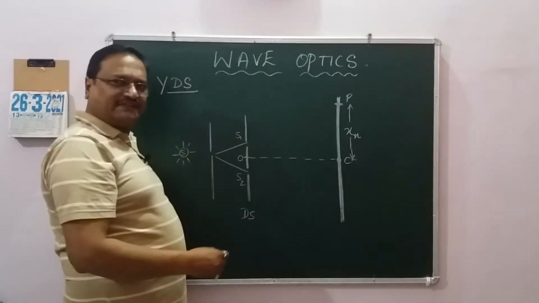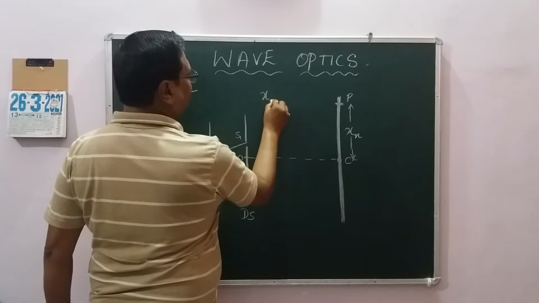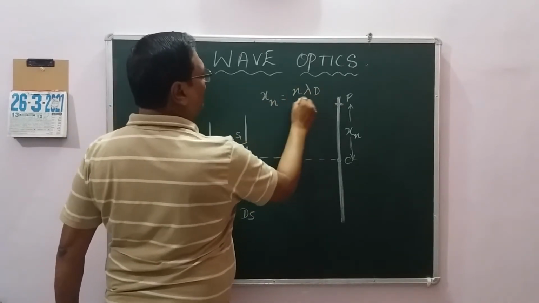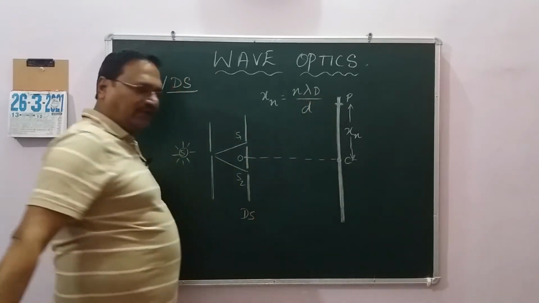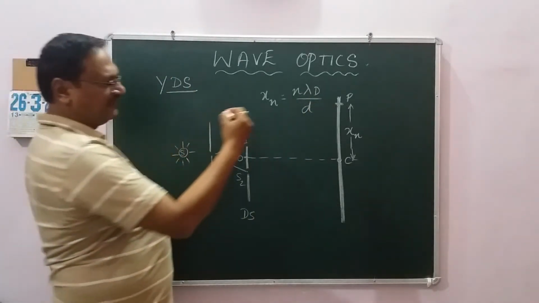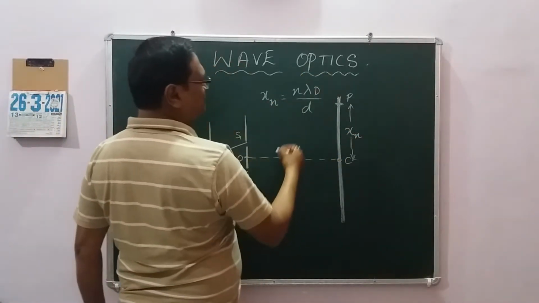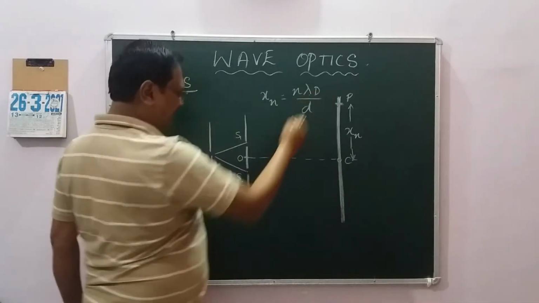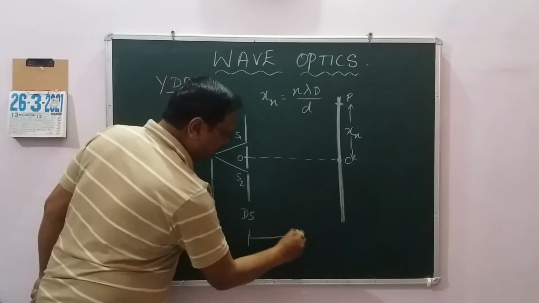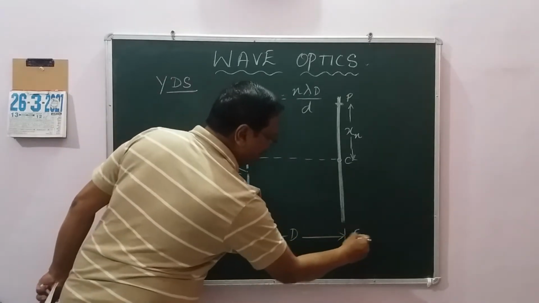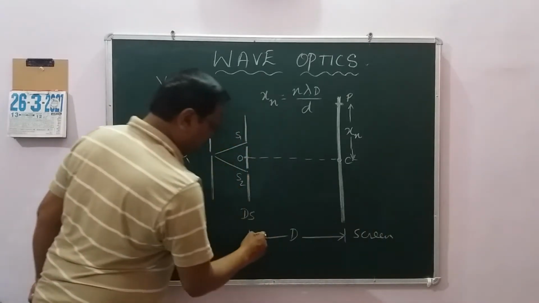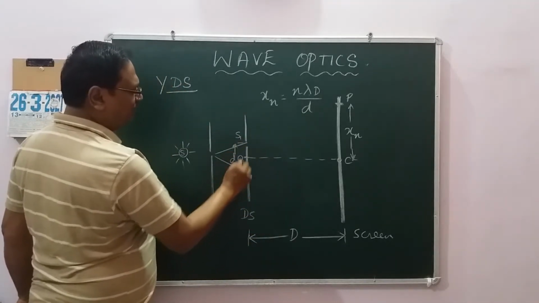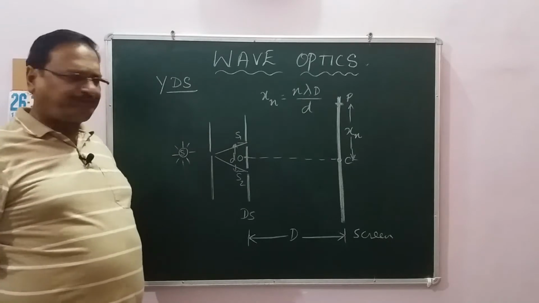When we derive this equation, we get xn is equal to n lambda D upon small d. You already know that n is the nth fringe, maybe the sixth fringe, lambda is the wavelength of light used, D is the distance between the double slit and the screen which we have taken, and small d is the distance between the double slit, that is the two slits we have got.